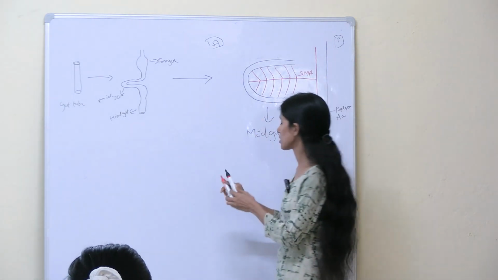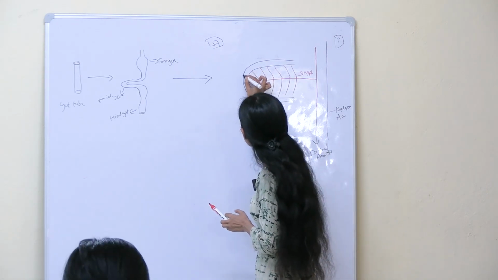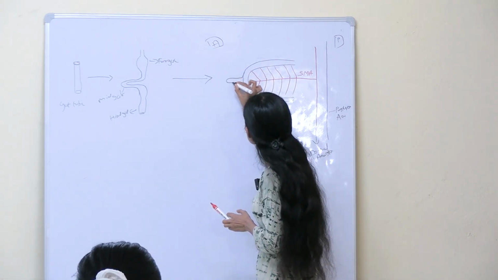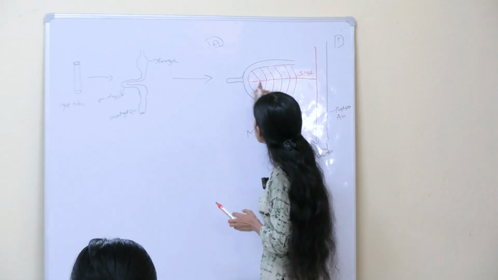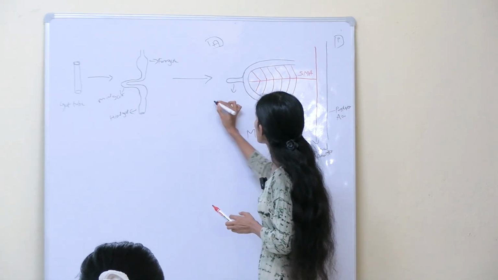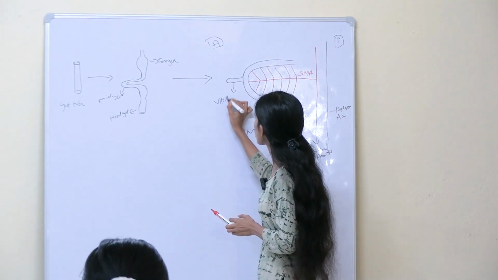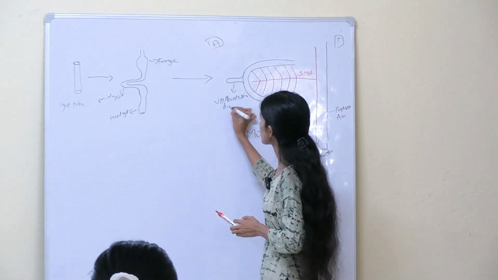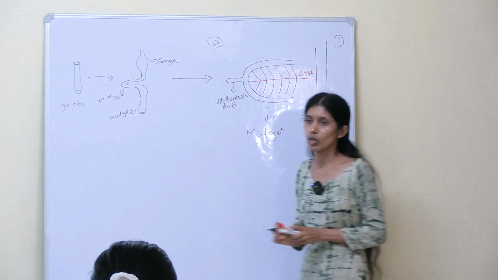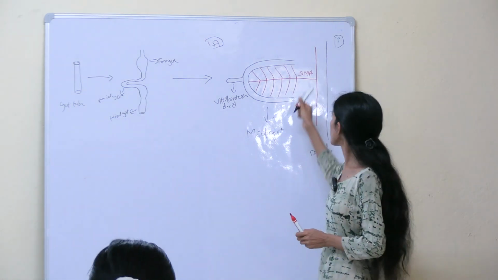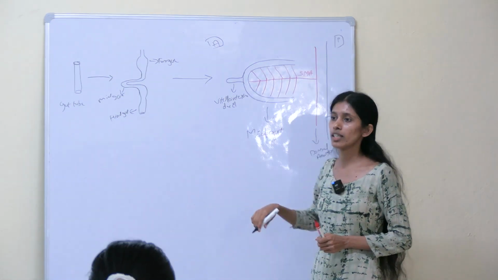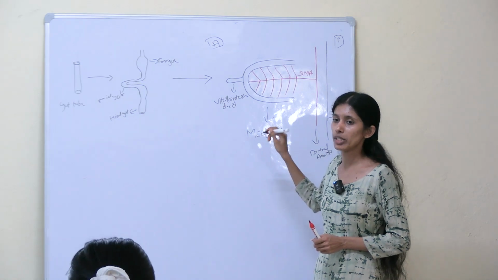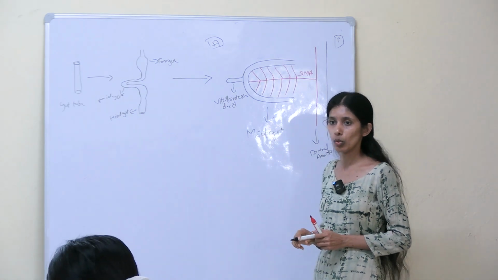On the anterior side, we have an important structure, that is the vitellointestinal duct. Okay. So now your superior mesenteric artery is present exactly in the middle of your midgut loop.